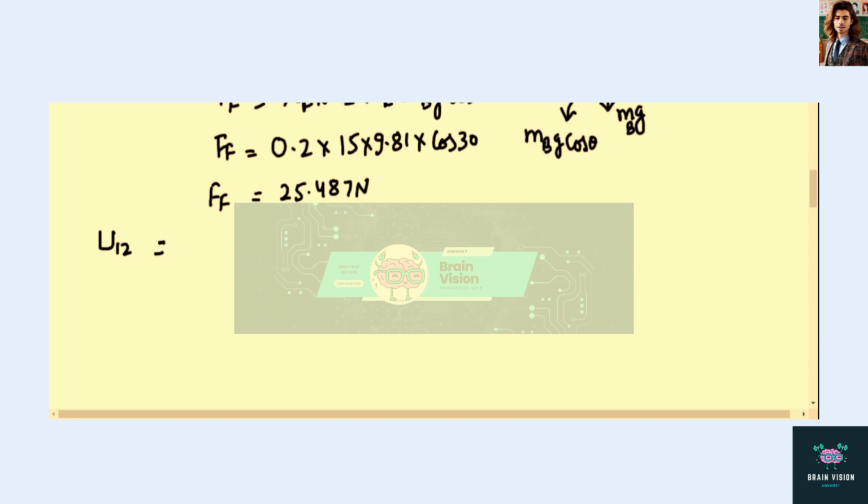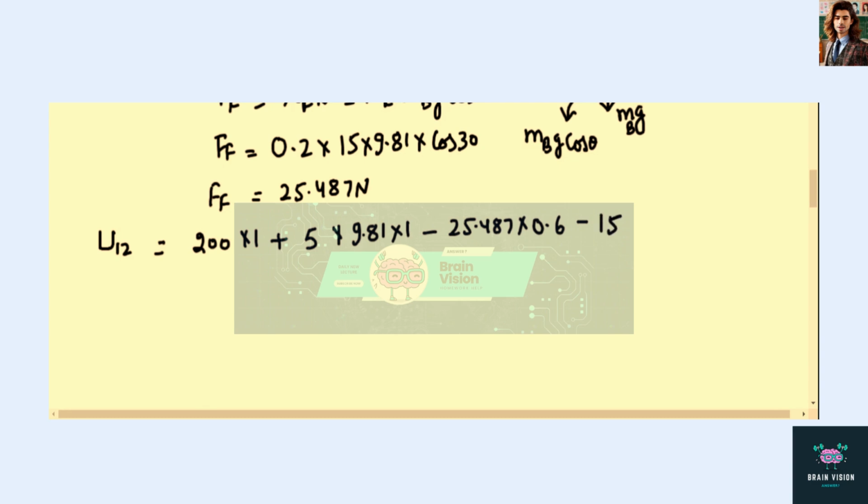So work done on the system we will find. P is 200 Newton into 1 meter. Mass of the cylinder is 5 kg. Distance moved is 1 meter. Work friction is 25.487, distance moved is 0.6.